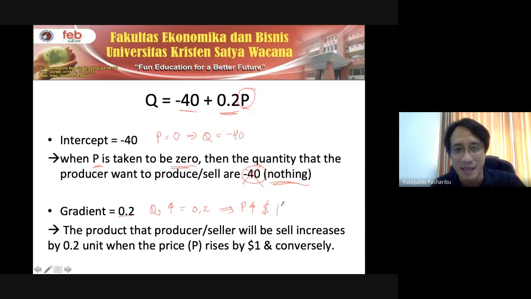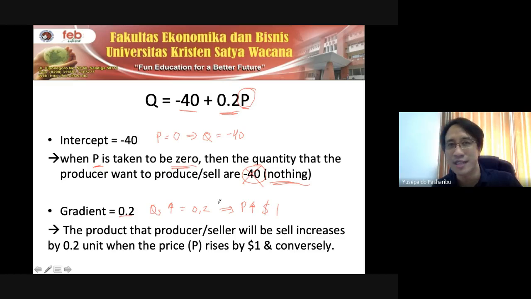So if it rises $10, the quantity will increase 2 units, and conversely. That's the idea of the interpretation. So you have a perspective on the relationship between quantity and price in this supply function.